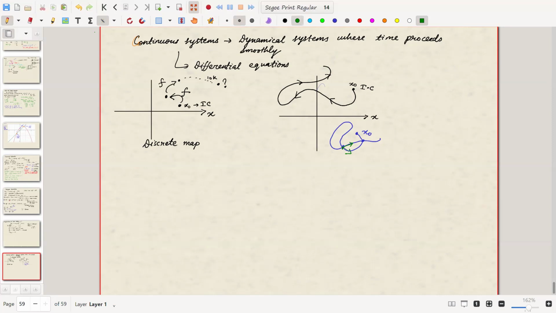And that violates your ODE property, that is the uniqueness. There is a uniqueness theorem in your ODE. For each point you have a particular direction, but this shows that for one point you have two directions to go. So the uniqueness property of this ODE is violated. We'll come across that, so no need to worry.